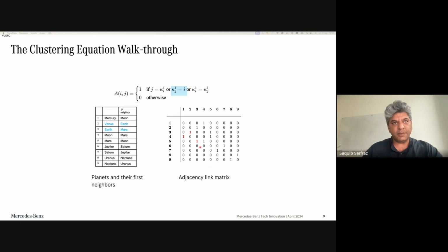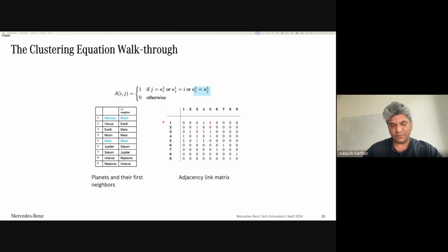For example, here you can see that Earth is the first neighbor of Venus, but Venus is not the first neighbor of Earth, right? Connecting such samples is also the reason for inducing large linking chains in the data. So the second condition enforces this symmetry and links such samples, discovering chains in this way. The third condition is only for understanding purposes, because it is already met when we connect the first neighbor.